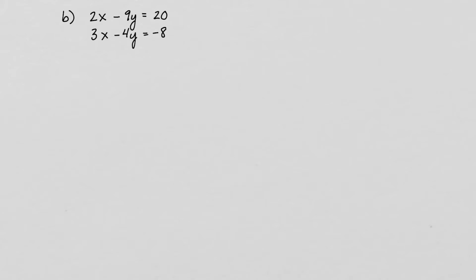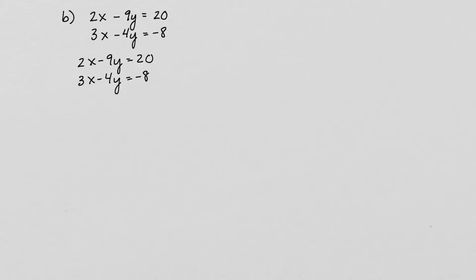So on this example, again, it's not real nice to solve for any of the variables. I don't have stuff that I can just add right away and things cross out. So I have to change it up a little bit. And the way that I'm going to change it up, again, I'm going to rewrite it like I did the last time, so then I can change it. 3x minus 4y equals negative 8.